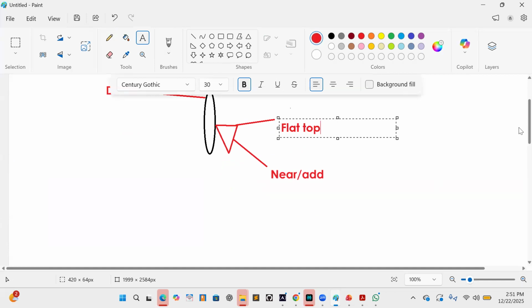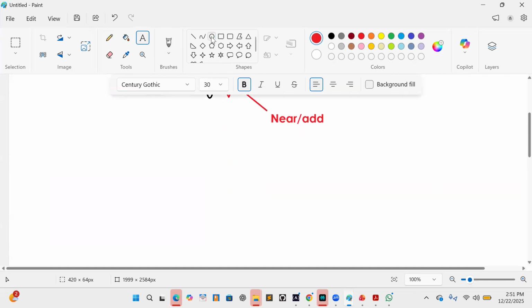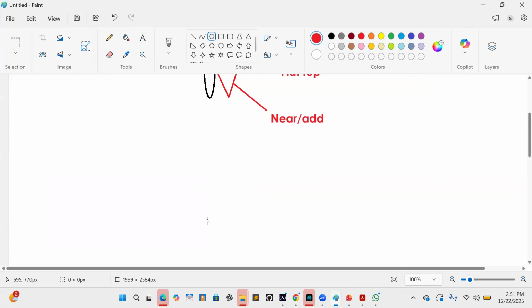We also have the round top. When we say we have a round top lens, again, this is the distance. Let's put a round top lens there. It should be like this.